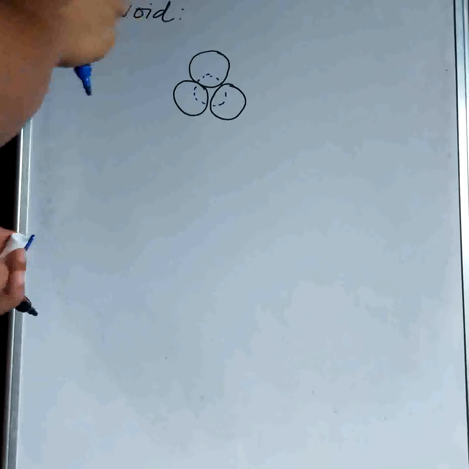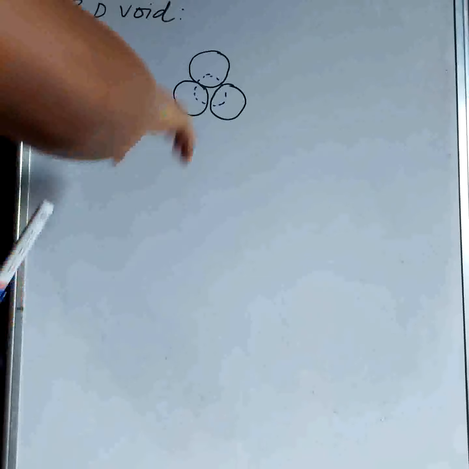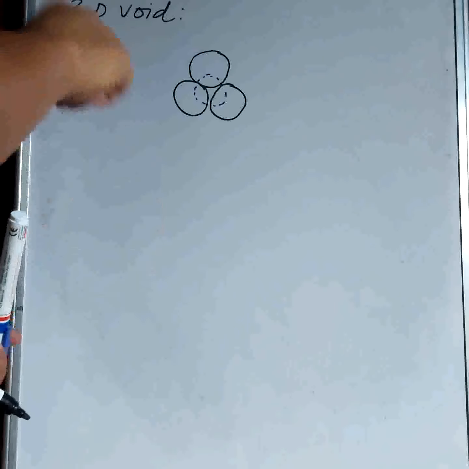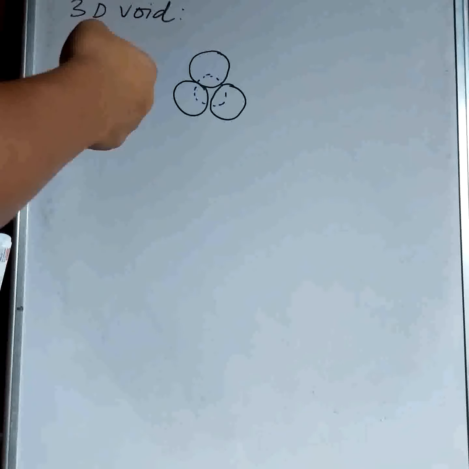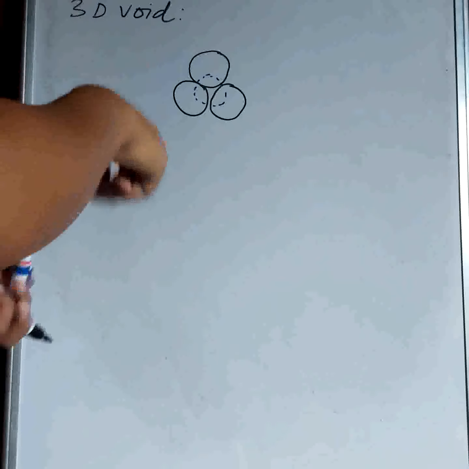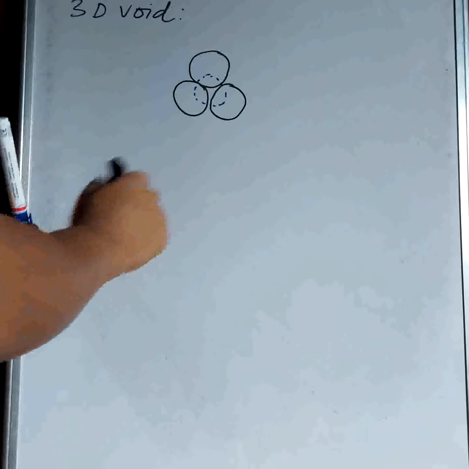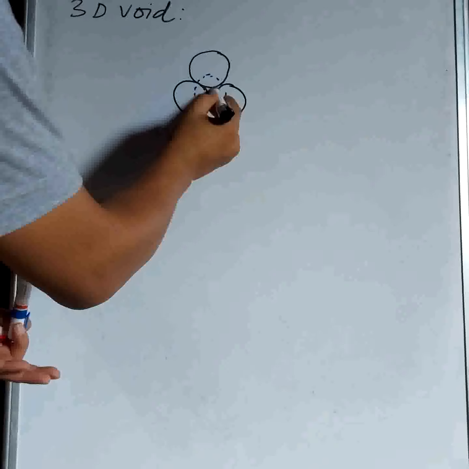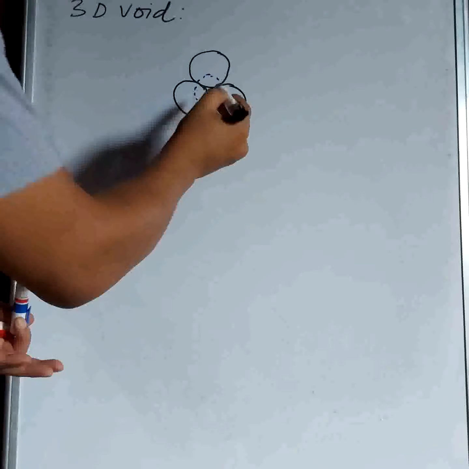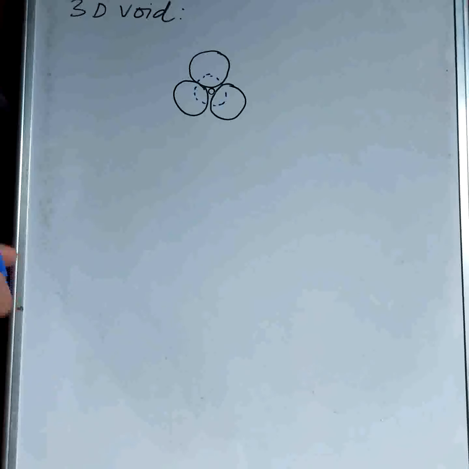The cavity or the space between them will be the shape of a tetrahedron, if you imagine. And like we've discussed, there will be a smaller cation inside that cavity.